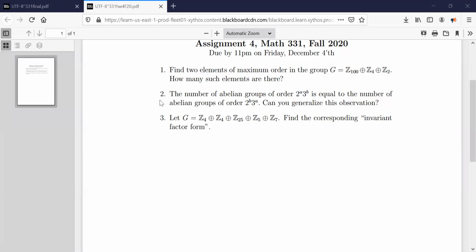So what do we mean when we say invariant factor form? Invariant factor form. Isn't that the one where the Z's are such that the next one divides the previous one?